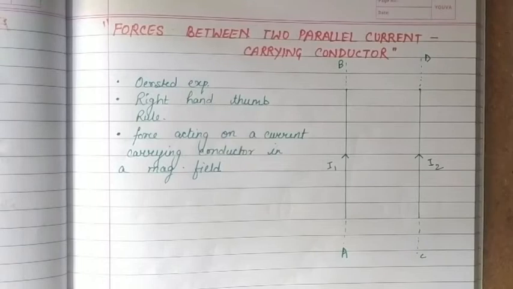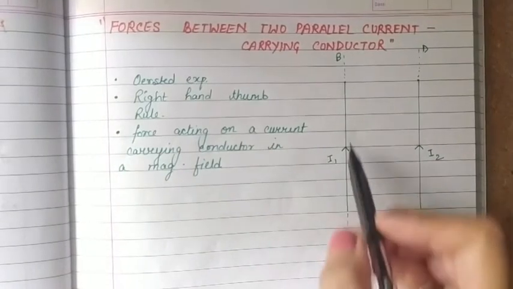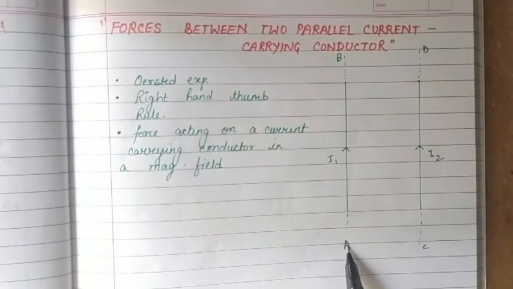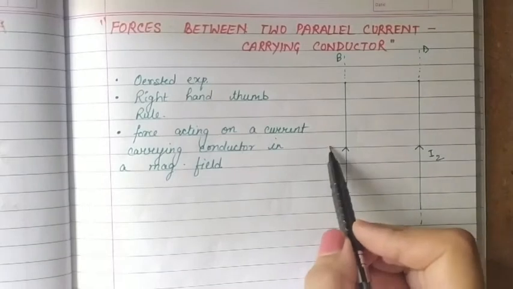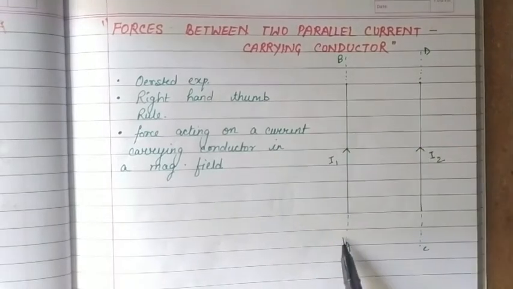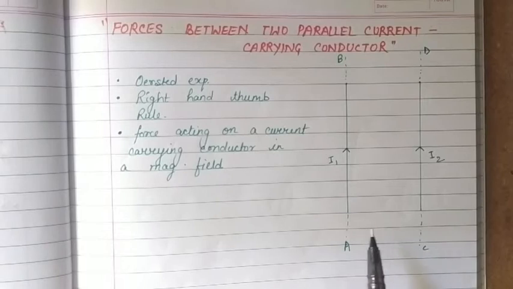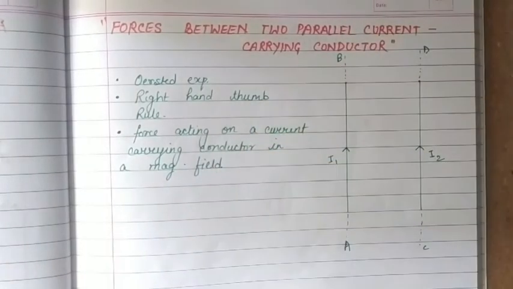First of all, we are going to consider these conductors one by one. Suppose I am considering the conductor AB. Now this current carrying conductor that carries the current I1, okay, because of the Oersted observations, this current carrying conductor is capable of producing some magnetic field in the nearby region.